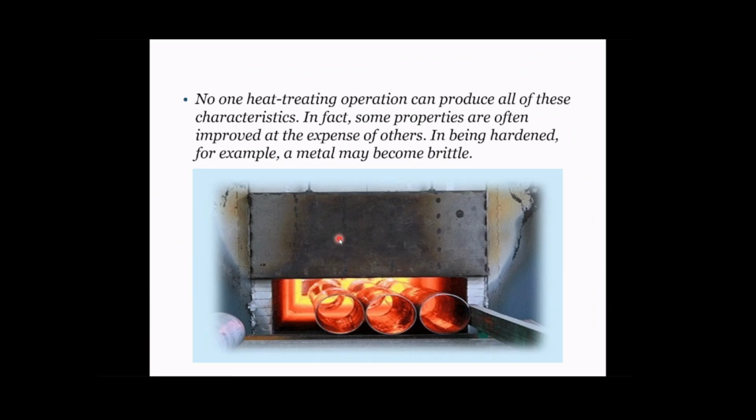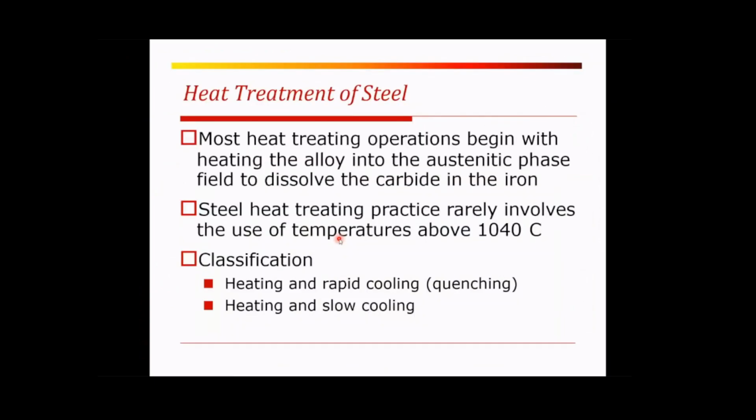Heat will be given by using a flame or by an induction furnace, that is, an electrical-based muffle furnace. Heat treatment is the set of heating and rapid cooling, or heating and slow cooling. Different types of heat treatments will be there, and we are going to see them one by one.